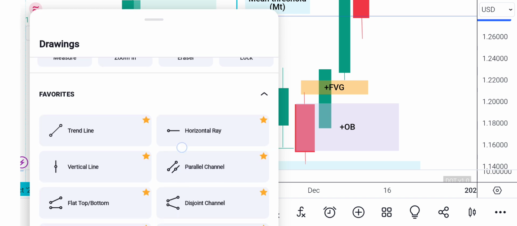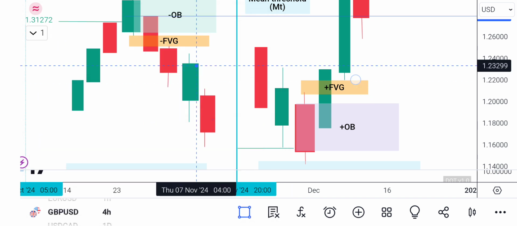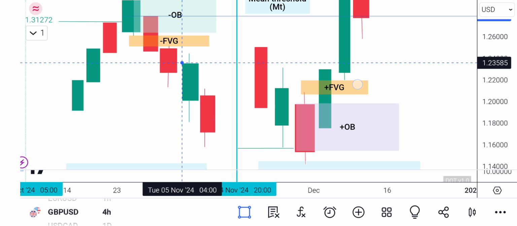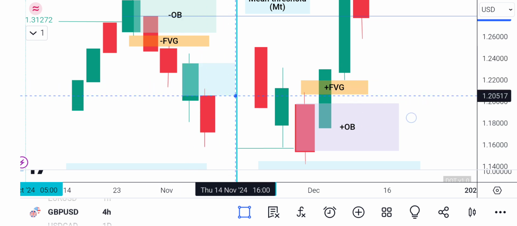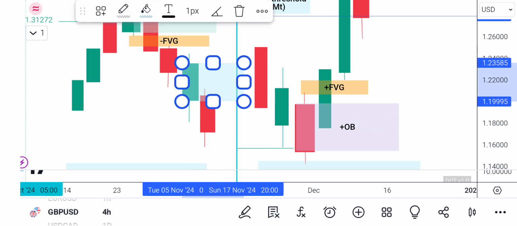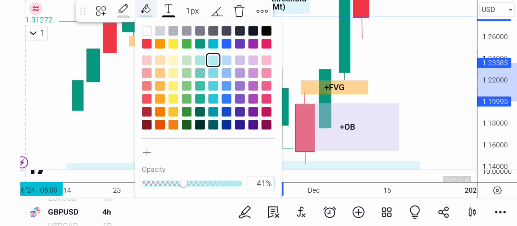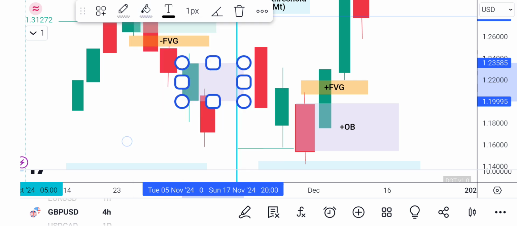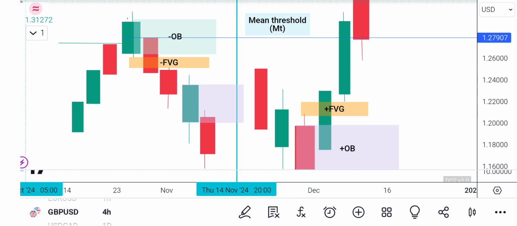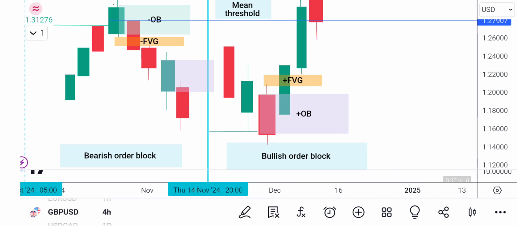Just to mention again that fair value gaps or order blocks can also be formed in between price action, in the midpoint of price action. While price is dropping, you are still going to have order blocks form along the way. So it must not necessarily be the last candle right over here. They are still very, very sensitive.